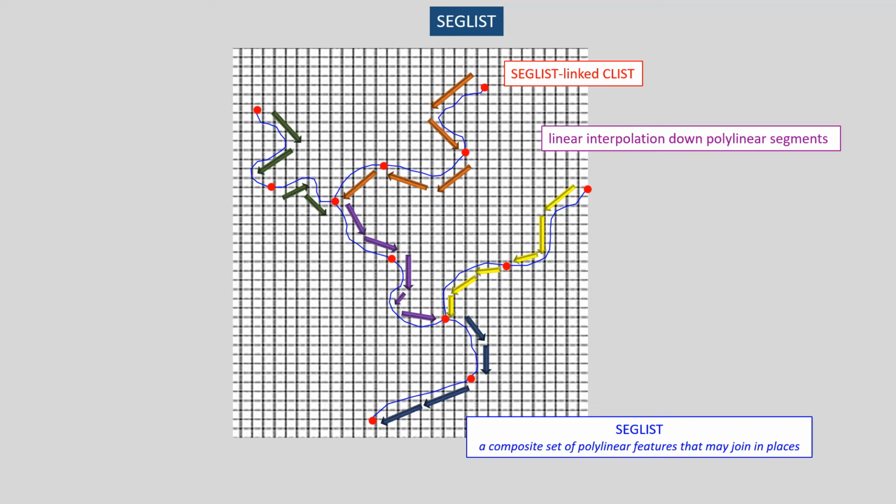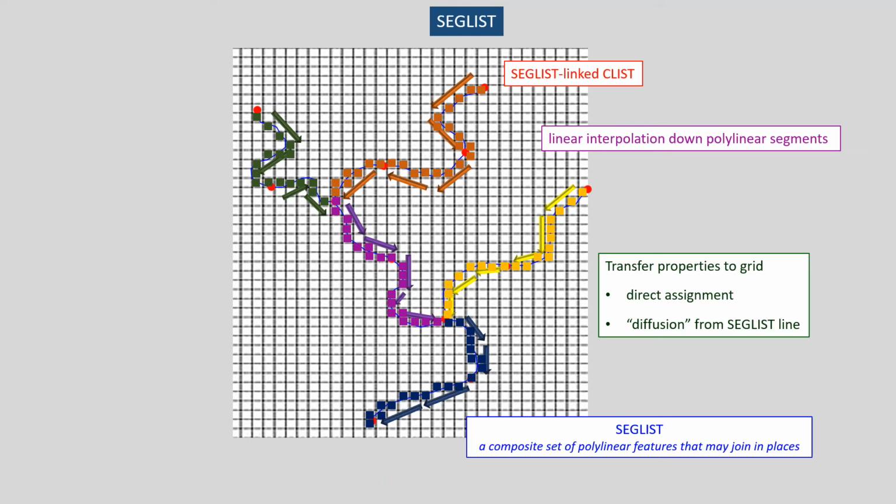So, first, linear interpolation is conducted down this complicated polylinear feature, regardless of how complicated that feature is. This is done by some PLPROC functions. Other PLPROC functions then allow direct transfer of the properties of the complex polylinear feature to underlying model cells. This can be done either directly or through a blending operation.